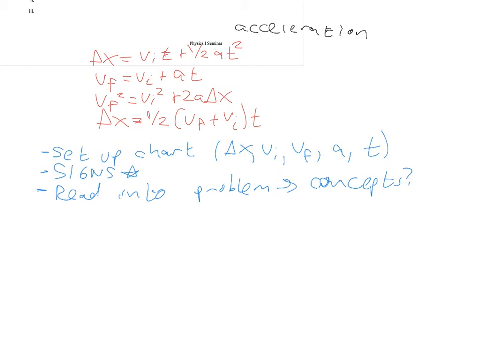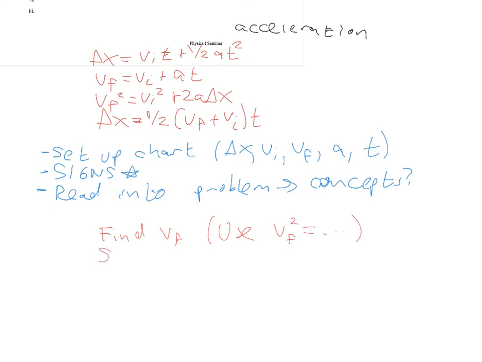One last thing to keep in mind, kind of keeping in your back pocket here, is that quadratic trick that we talked about, the way to get around using the quadratic formula. And so the way we do that is, rather than solving for time, and that's when it comes up, when we're solving for time, we're going to first solve for VF using our VF squared equation.